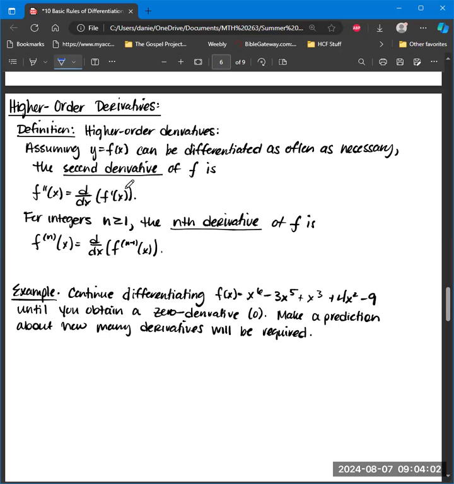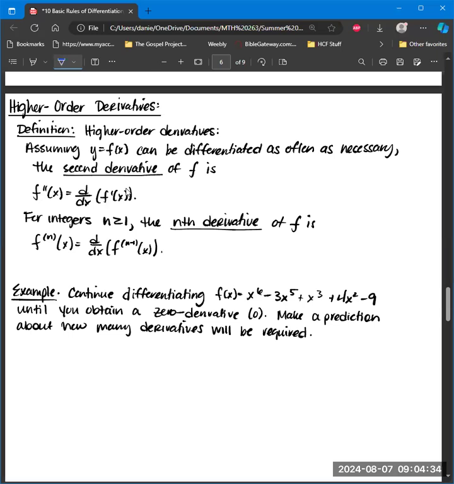For integers n greater than or equal to 1, the nth derivative of f is denoted as f, and then in parentheses a number here that shows us how many times we're taking the derivative of f with respect to x. And that means that that's the derivative of the n minus 1th derivative here, and so on.